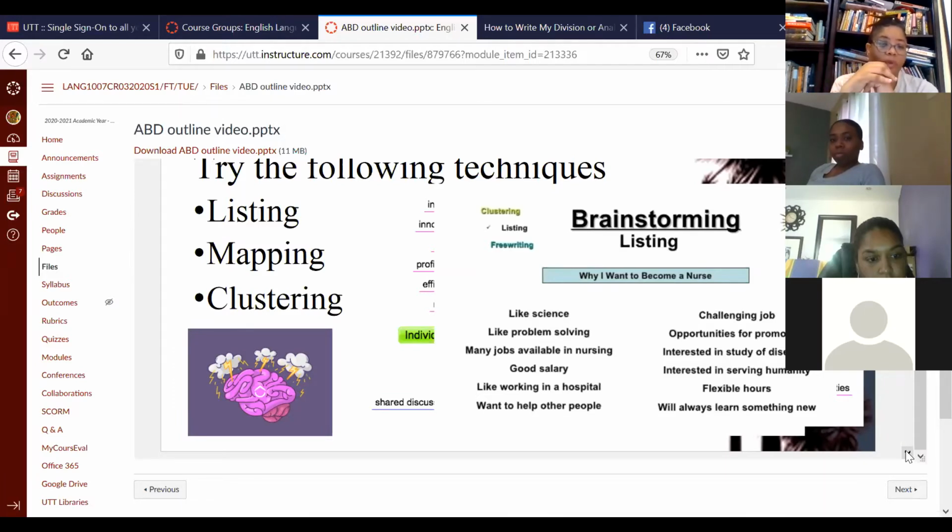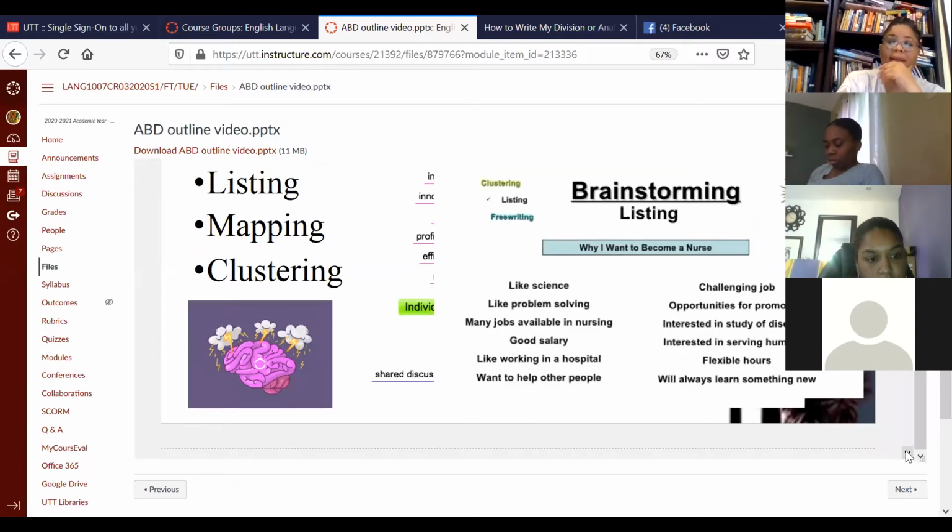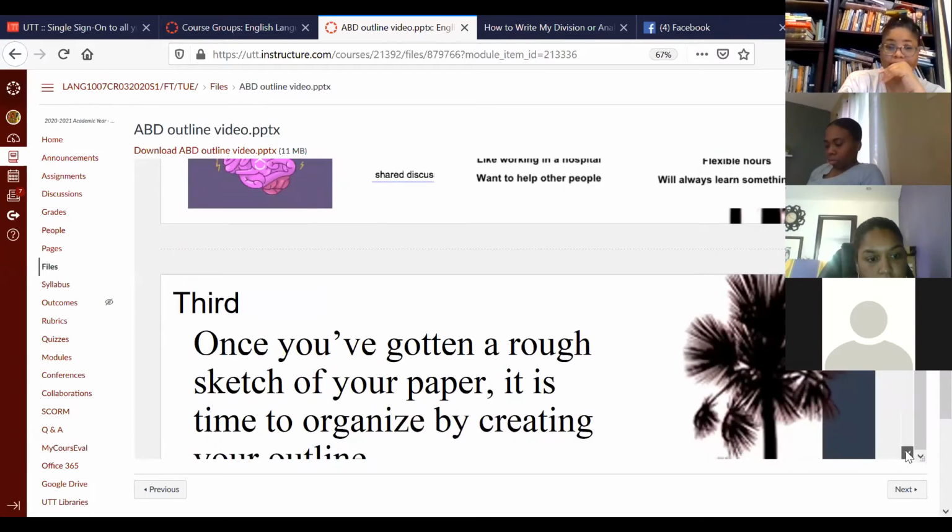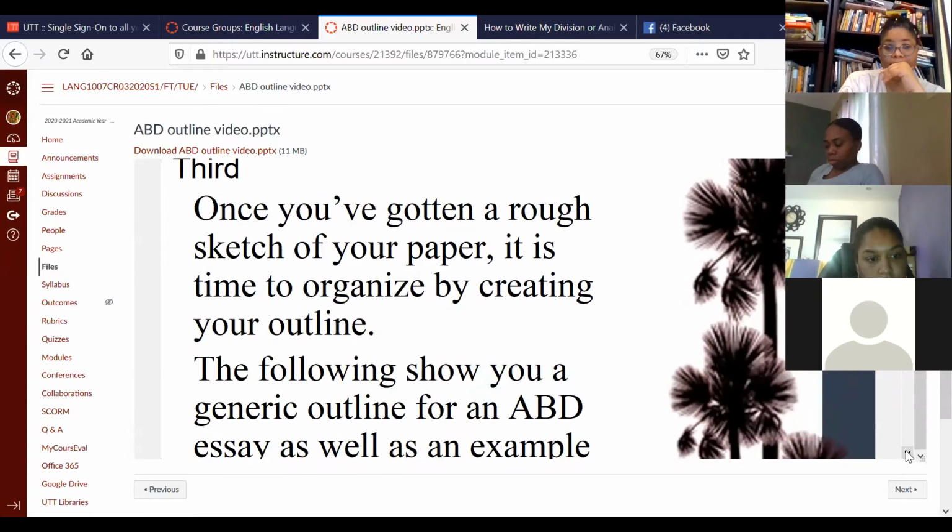If you're a more visual person, you could draw a map. You can write main points and then draw off little sub points and see how they connect. So that's like clustering. All these things should get you a rough sketch of what your paper will look like.